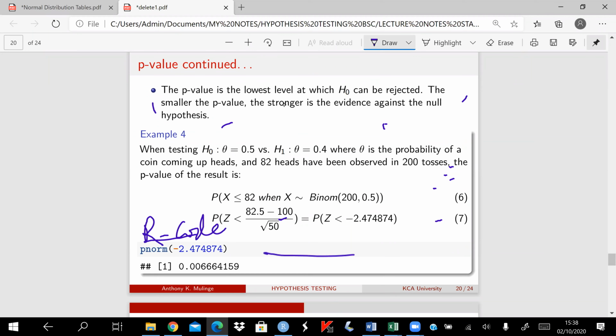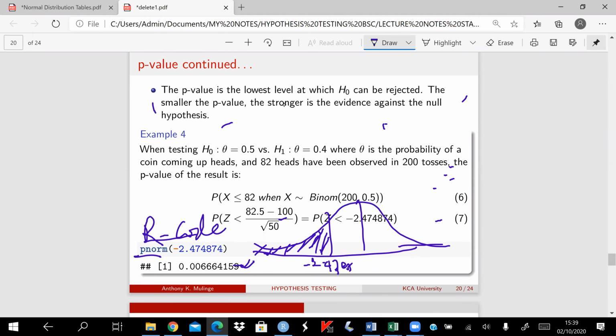The R code, pnorm, gives you the cumulative probabilities from -infinity up to a given point that you are looking for. So this code here gives you the probability from -infinity all the way to -2.47, etc.